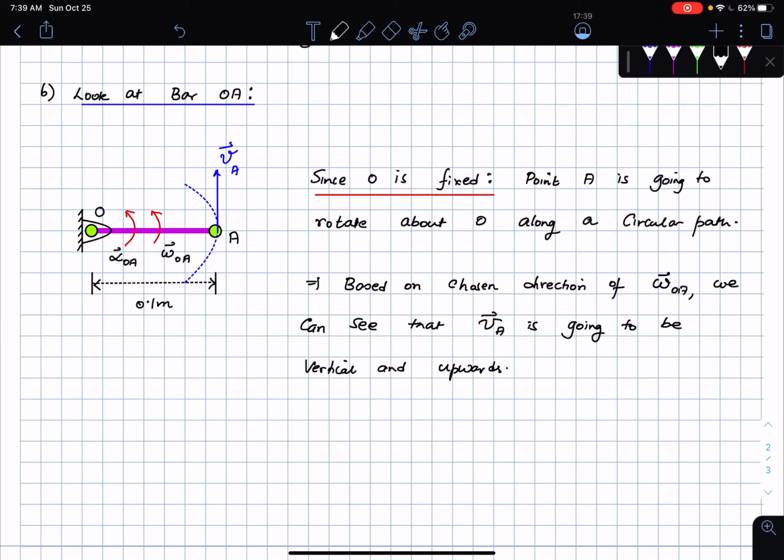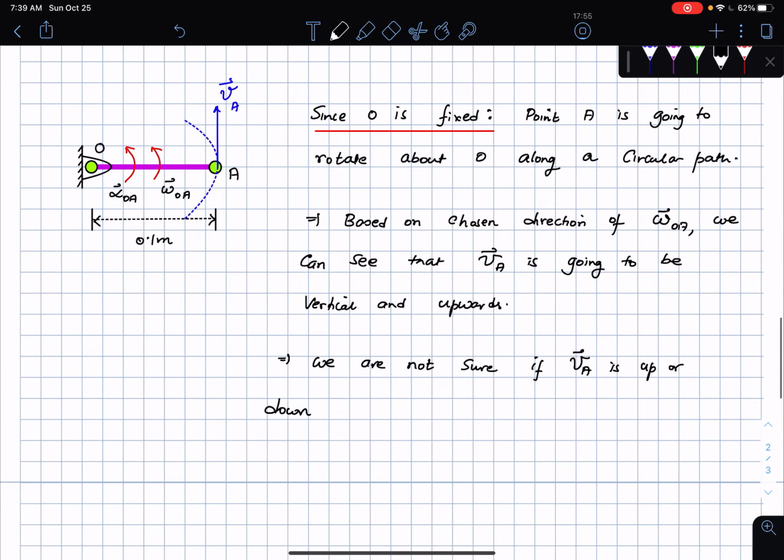Now the question is, does it matter if it is upwards or downwards? I don't know. We are not sure if VA is up or down because we don't know omega OA.